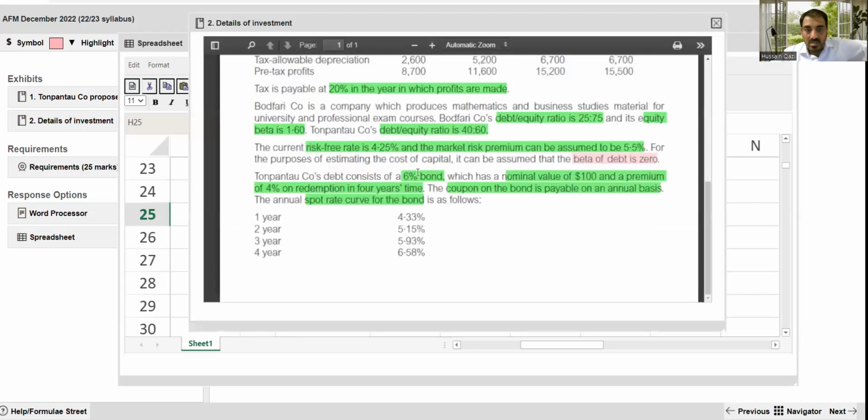What information is available for the debts about the company Tonpantau? Number one, Tonpantau company debt equity ratio 40/60 is available, but there is no information about the value of debt and value of equity.